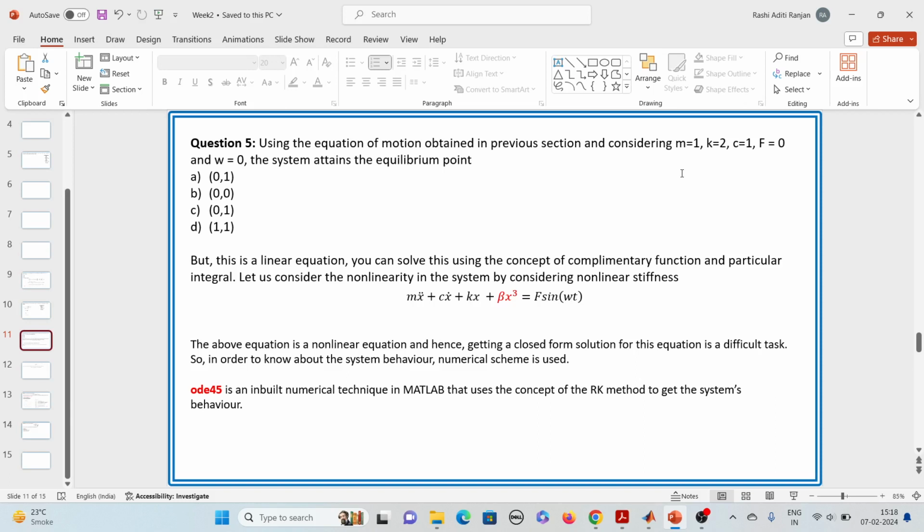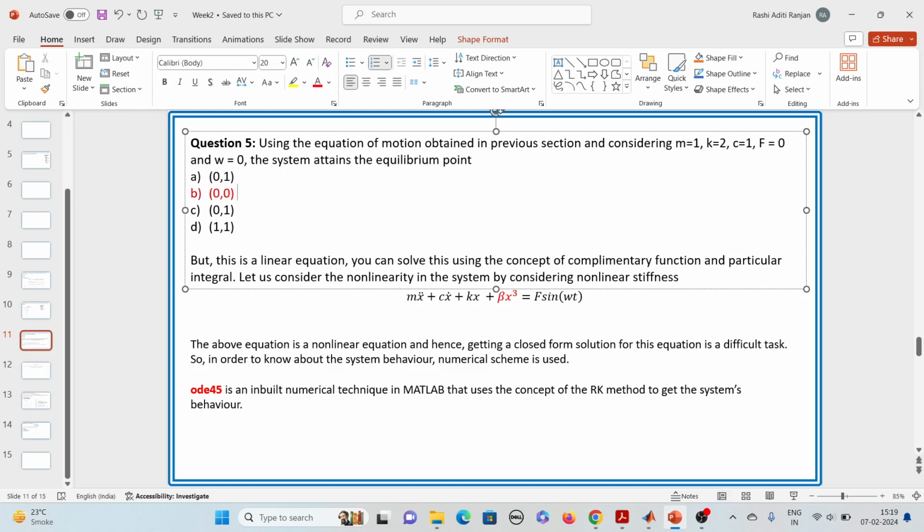It is going to oscillate, or it is going to just diminish. It is going to attain the equilibrium state in some time depending upon the value of c. But if c is present, it is anyways going to attain the equilibrium point. And what is the equilibrium point? 0, comma 0, obviously, isn't it? So this is your answer.